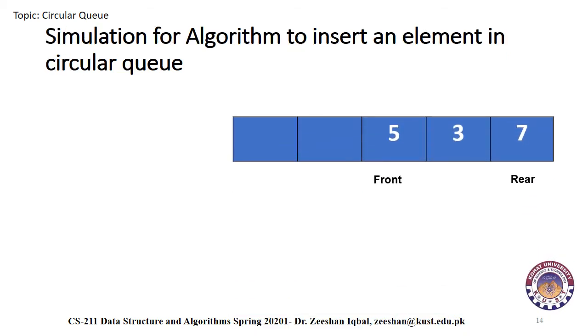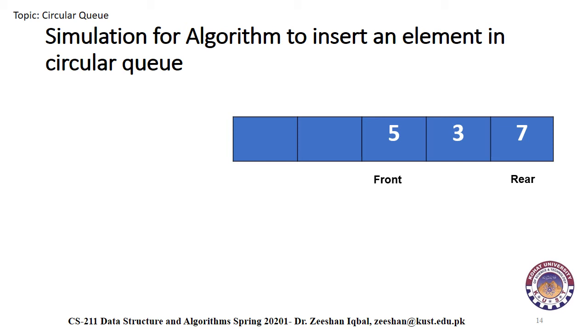Suppose we have 3 elements in a queue and we want to add another value. According to a circular queue, if the last inserted value is at the last position, the new value will be added to the first index of the queue. So if we add 22, it will be added at index 0.